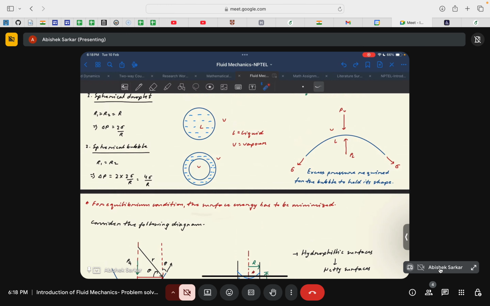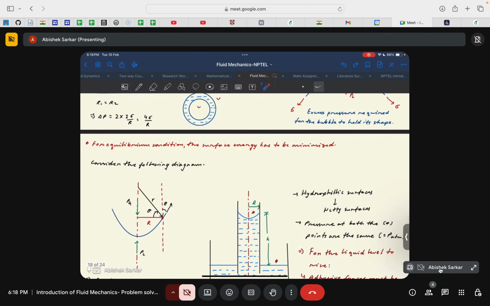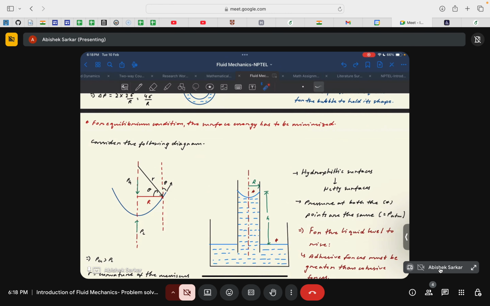For now I'm not getting a particular scenario from which I can give an example for this, but maybe I will get back to you in the problem solving part. Once we are discussing some problems, while you are solving the problem, I will try to give you an example for this. I wrote it, but I missed an example for this. So sorry for that. I hope it is clear till now.